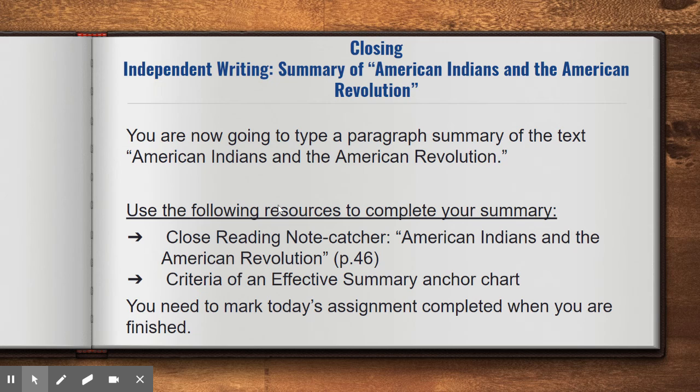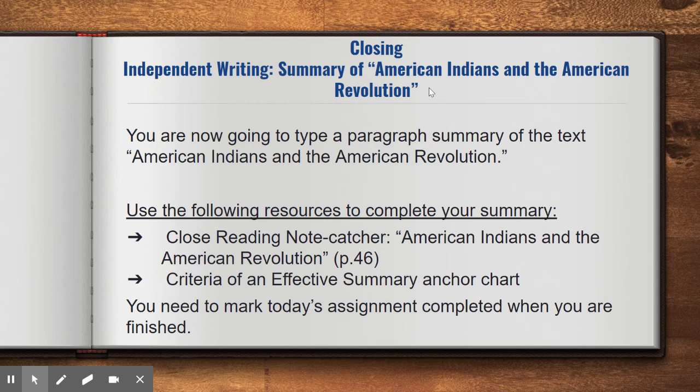You're going to take everything you did on page 46 and type up a paragraph that explains to Mrs. John or Miss O'Brien, your homeroom teacher or reading teacher, who the American Indians were and how they contributed to the revolution and why.